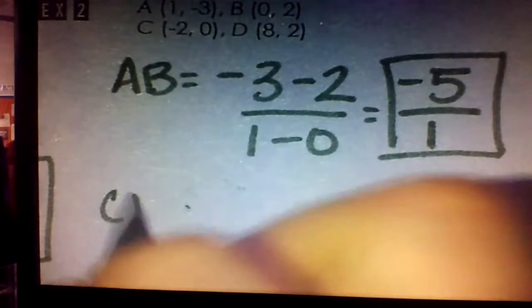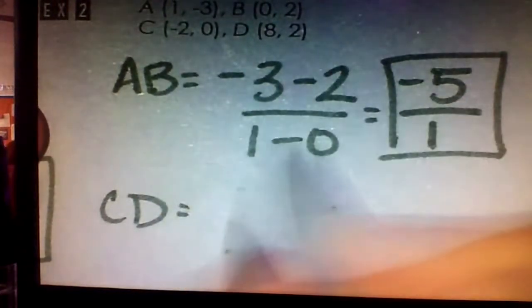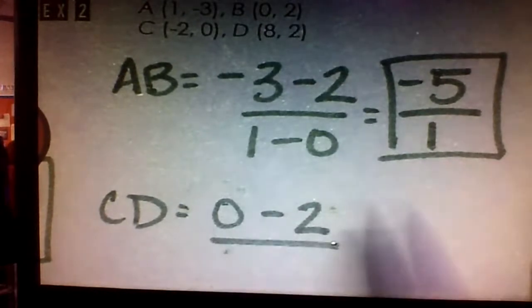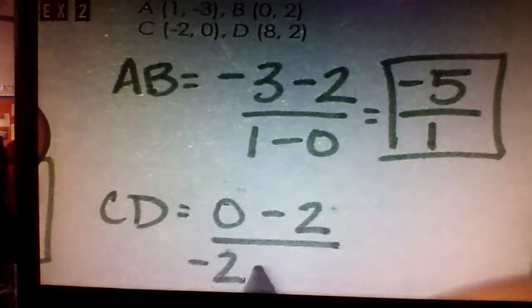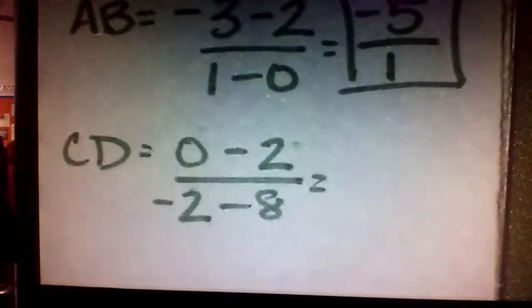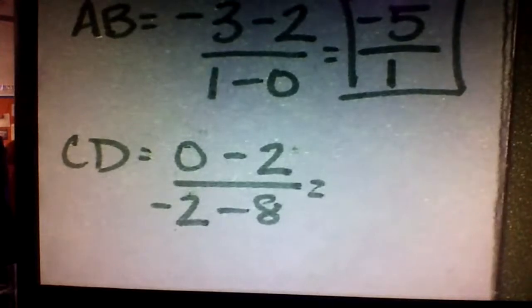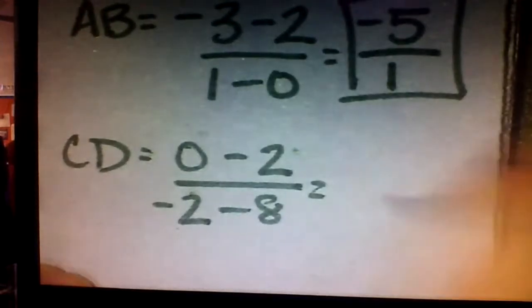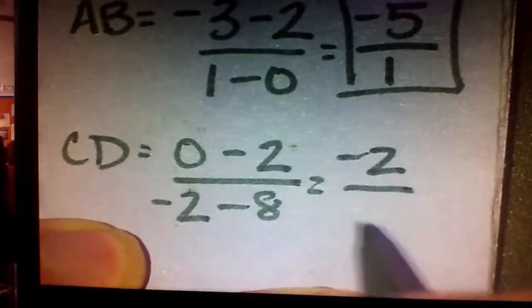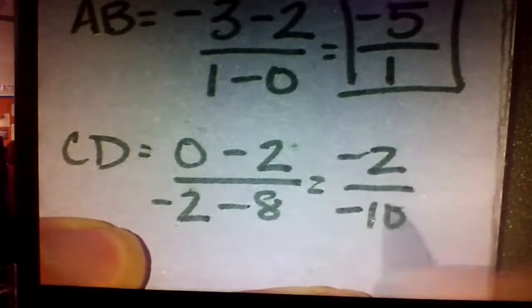So, let's find CD. 0 minus 2 over -2 minus 8. Zero minus 2 is -2, and 2 minus -8 is -10.